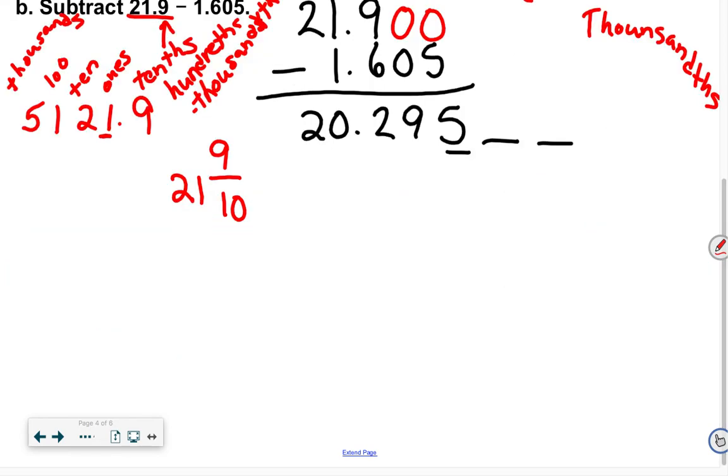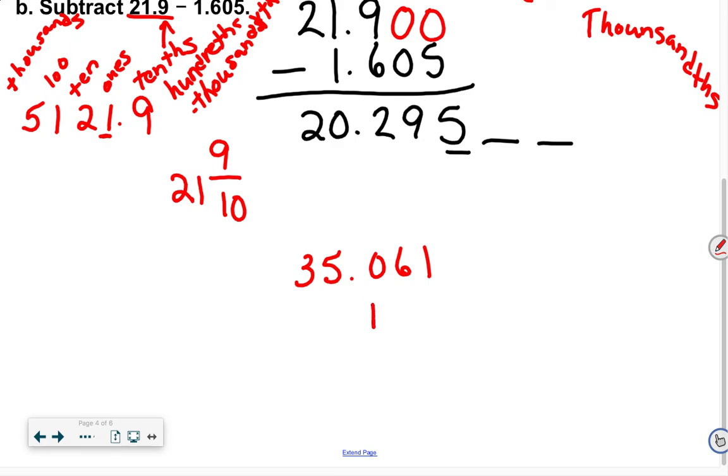So what if I wrote, how would I read this one? How would I read this one? Cadence? 35 and 61 thousandths.